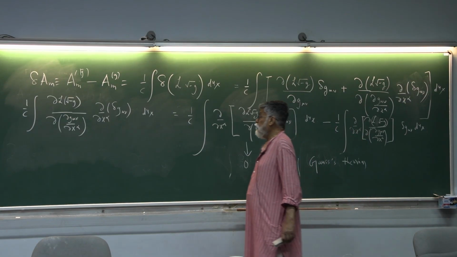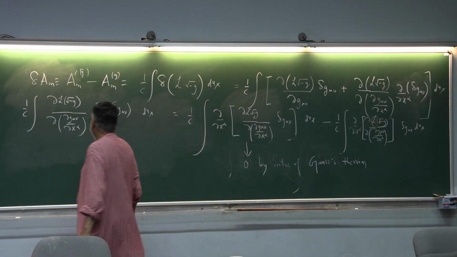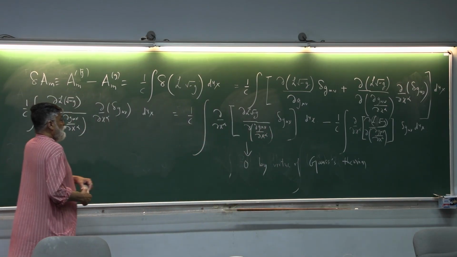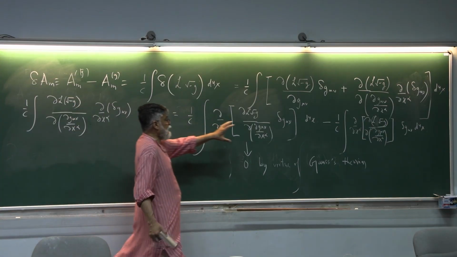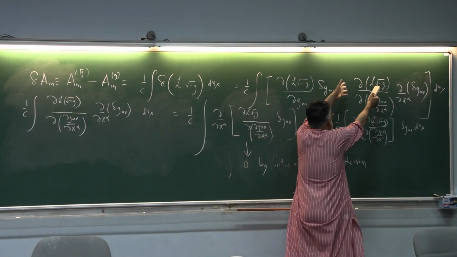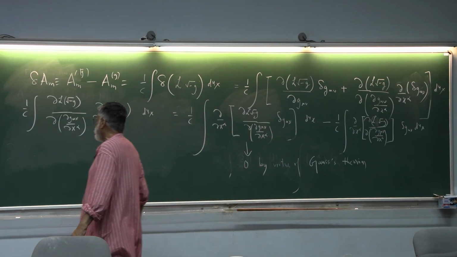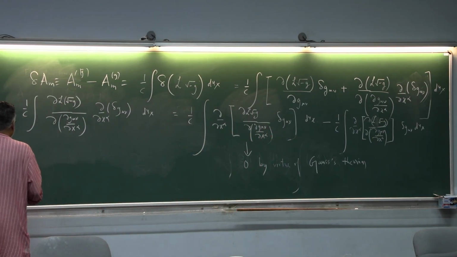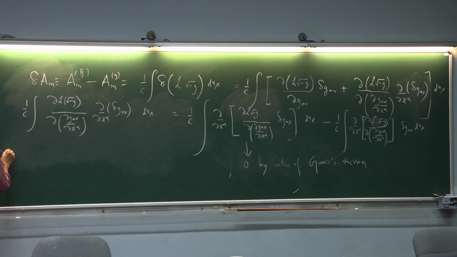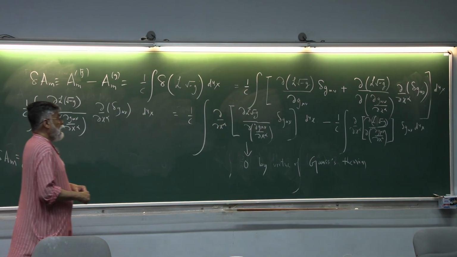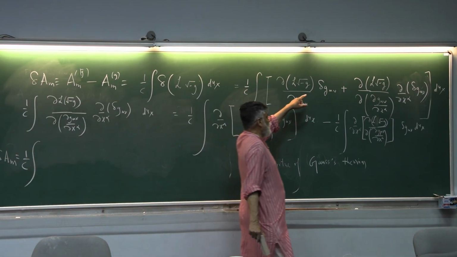And therefore, finally we get that this quantity is simply the negative of that, and I'll substitute back in this equation. Hence we get that the variation in the matter action due to infinitesimal variation in the metric tensor is simply this, 1 over c. Now you see that delta G mu nu can be taken common.